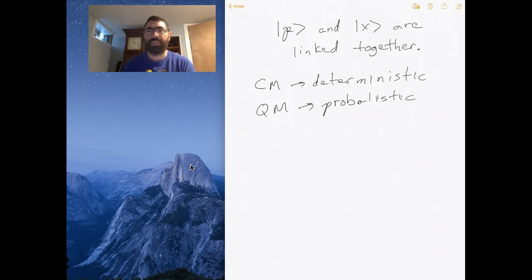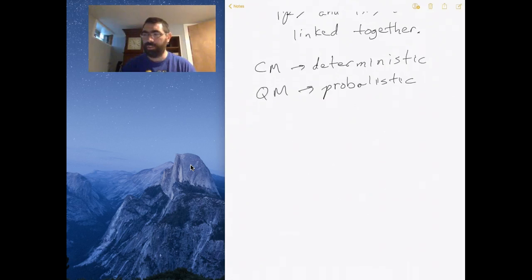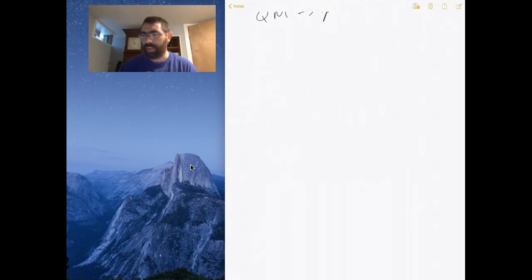So therefore, we can calculate the probabilities based on what wave function we have, and then we can do the experiment to actually see if we get that same probability. So in the end, to do an experiment that wants to test quantum mechanics, it has to be done statistically.